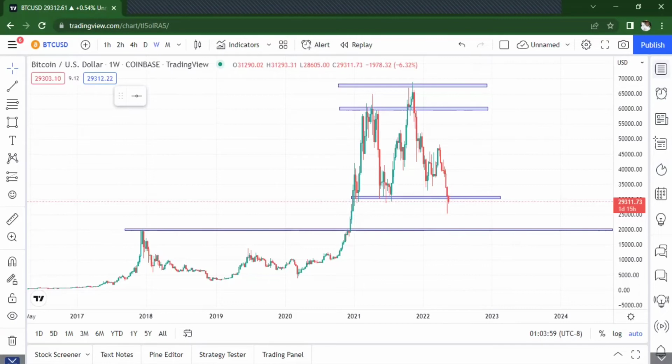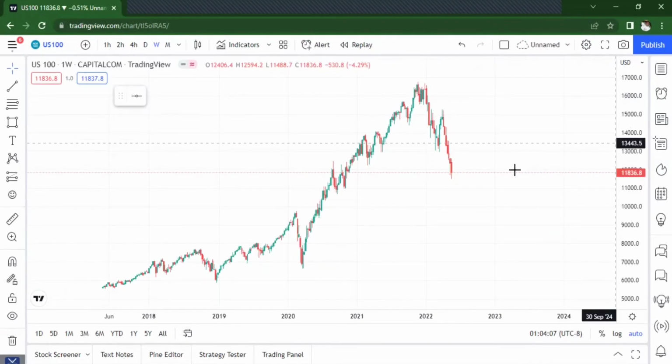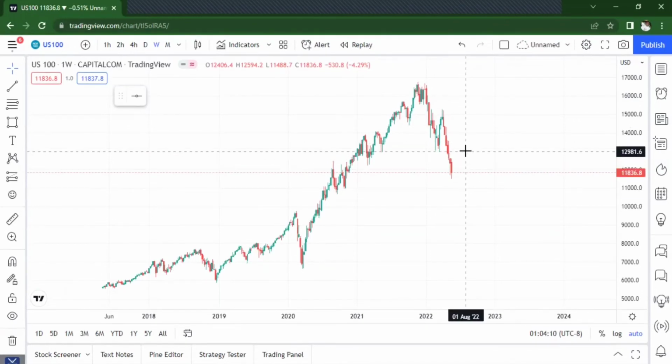All right, let me go to US 100. At the moment, US 100, we are still going down. But with the knowledge of support and resistance, you know that this market is headed somewhere.